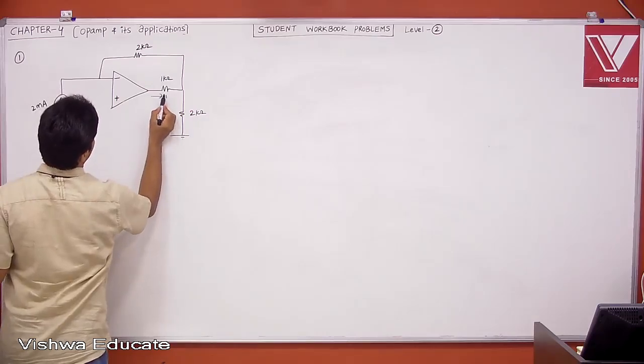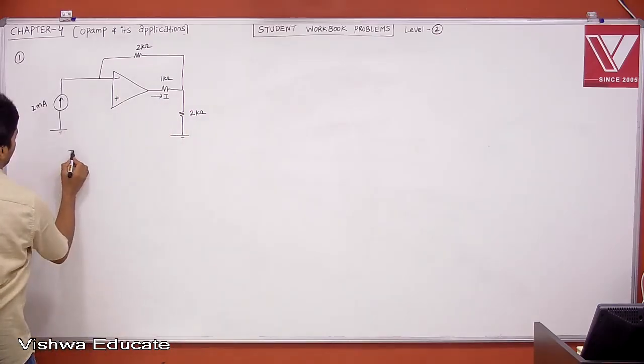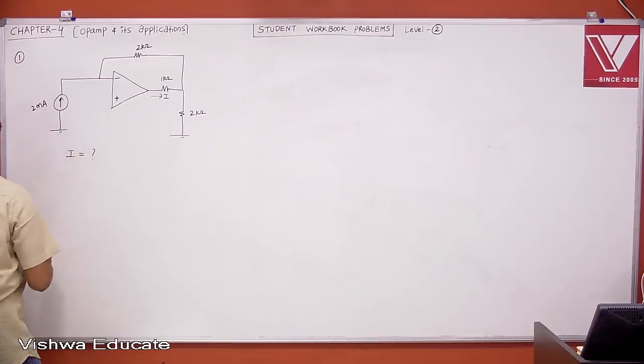It is asking for the current flowing through 1 kilo ohm. Therefore, what is I? This is fill in the blank.